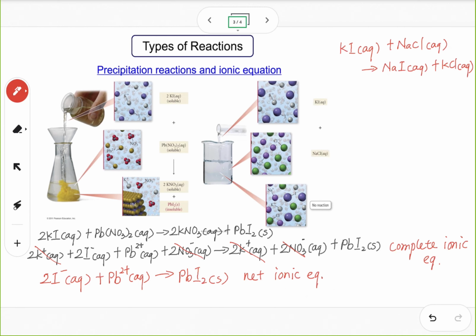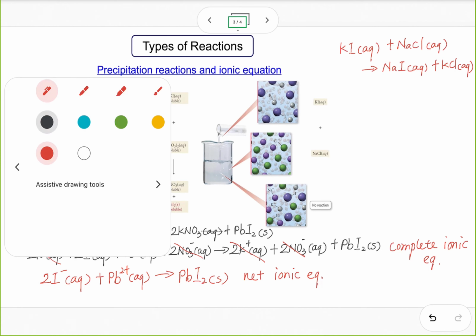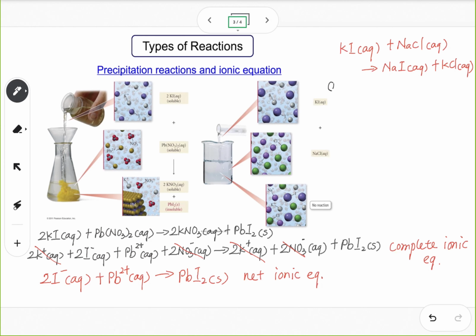Let me use a black color to write the first one here, complete ionic equation. But by the way, if this reaction can happen, it has been balanced. Okay, it's a 1 to 1 to 1 to 1 ratio. Now, potassium iodide will give you potassium cation and iodide anion. For sodium chloride, it will give you sodium cation and chloride anion.